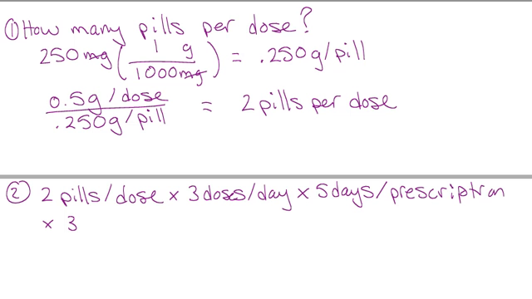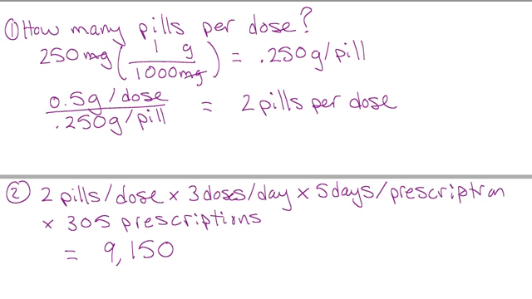And that we know that there are 305 prescriptions in total. So all we're doing is we're just multiplying that out. So 2 times 3 times 5 times 305. And you can just put that into your calculator. What you're going to get is 9,150.